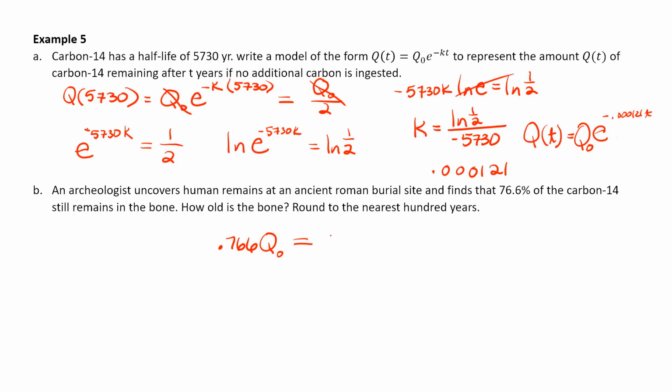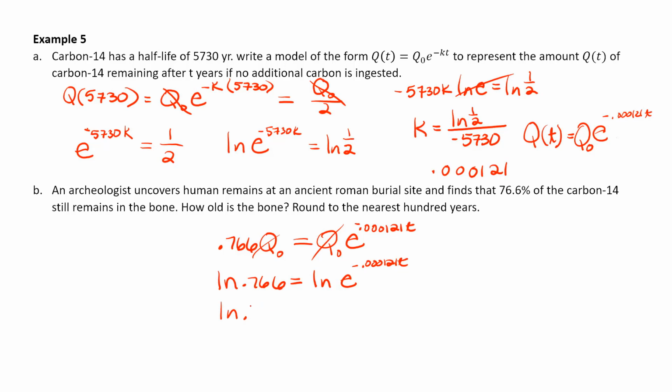And that should equal Q sub 0 e to the negative 0.000121 t. And so the Q sub 0's cancel. And so we can take the natural log on both sides. So natural log of 0.766 equals the natural log of e to the negative 0.000121 t. And now we can put that exponent in front of the log.